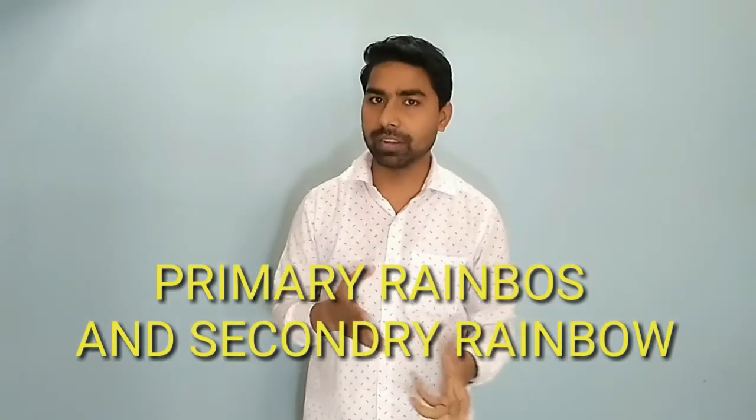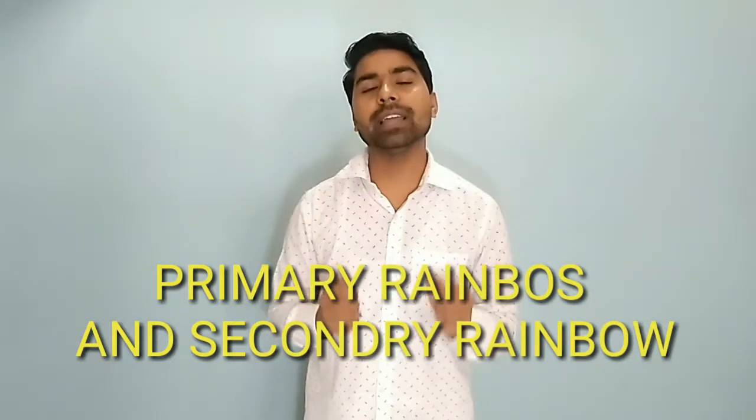Here we are discussing the rainbow. Now rainbows are of 2 types. One is called primary rainbow, second is called secondary rainbow. Everyone has seen the primary rainbow, but the secondary rainbow is very rare. How does the secondary rainbow look? The first difference between primary and secondary: in the primary rainbow, the order you see is from red to violet, but in the secondary rainbow, you will see from violet to red.